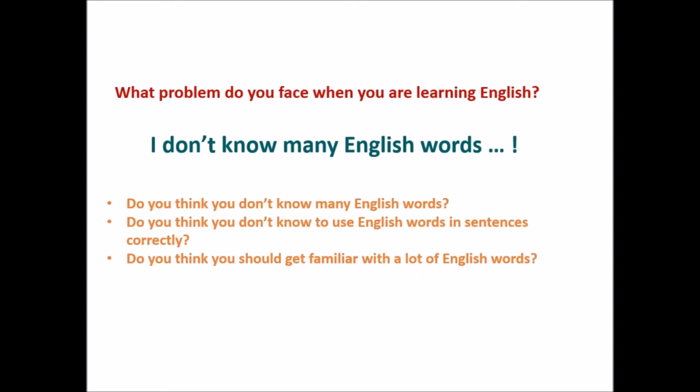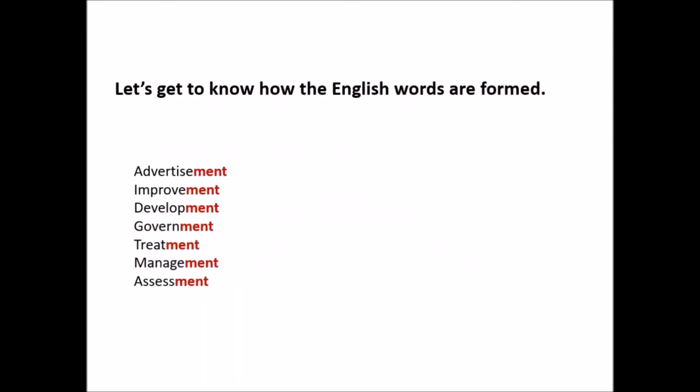Let's see how words in English are formed. I'd like to show you a set of English words here. All these words have a similarity. They end with a few letters alike. For example, advertisement. You can see there are two words, advertise and advertisement.